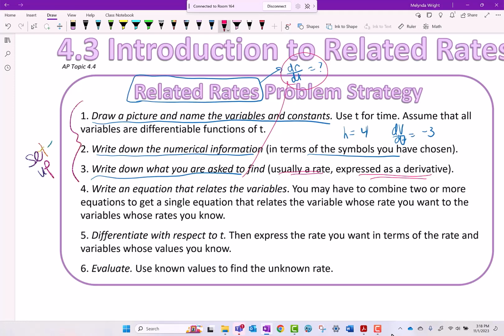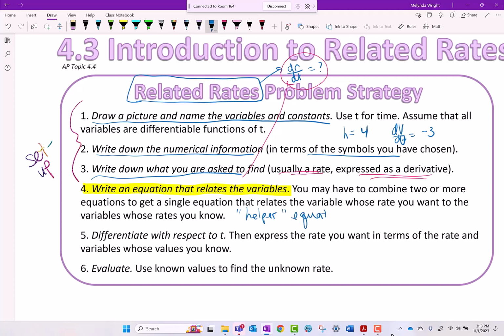Once we have the problem set up, we need to write an equation that relates all those variables together. There are times where we need extra equations. I call them helper equations.